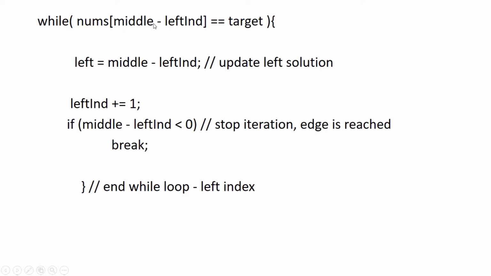When the value of middle minus left index is not equal to target, that means we have already exhausted the repetition, so we break out of that loop. Or if we have reached the edge, that means the left index has reached the starting position, we break out. So this is very core in understanding what's happening in this program.